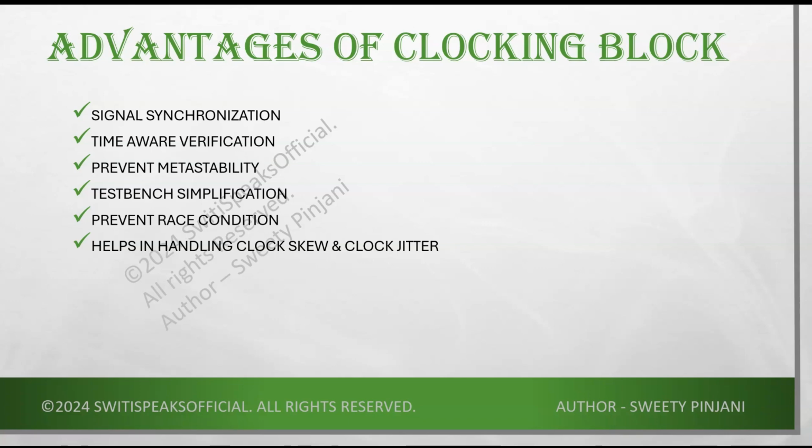In case you didn't understand, go through this video till you understand this concept. You need to understand each and every concept in clocking block to take full advantage of it. That's why, in case you did not understand anything which I explained, go through this video again and understand each and every line which I spoke, so that clocking block will be clear in your mind.